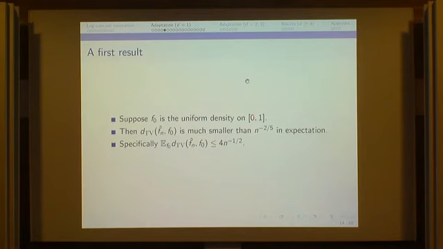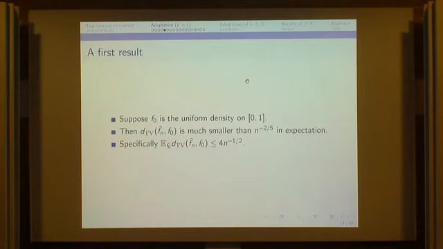So this is faster than the minimax optimal rate, because the squared part is missing. Basically, total variation squared is like n to the minus 4/5. So this is much smaller than our minimax optimal rate in expectation.